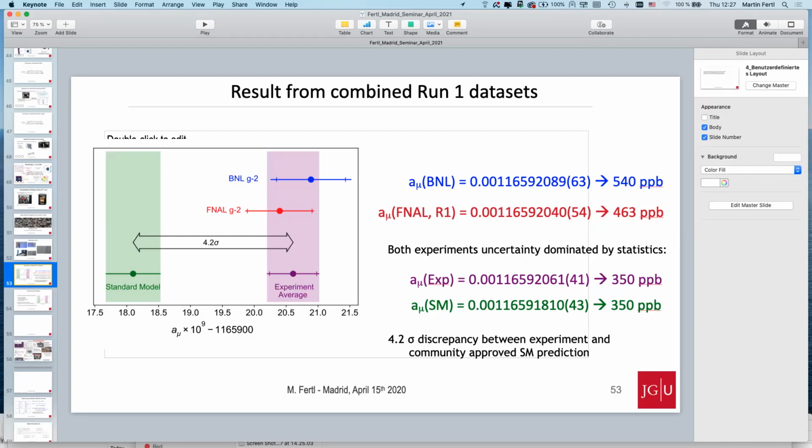Plus, we also have a completely end-to-end simulation of the experiment, which was just not available at Brookhaven. And we went through the individual contributions where things could still be common, like the kicker or the inflector magnet, and we did not find any relevant correlated effects in the results of both experiments. But there was a whole exercise to go through this, yes.